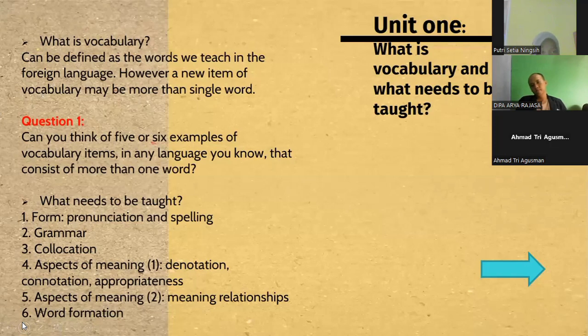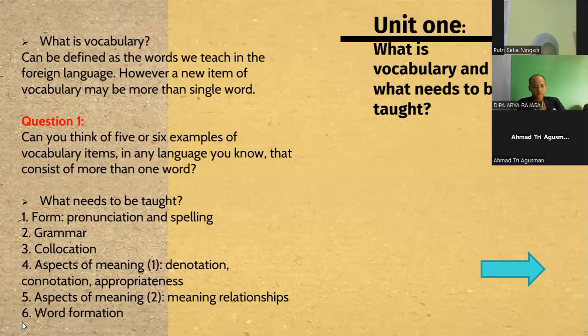So the first is we have to know what vocabulary is. Vocabulary can be defined roughly as the words we teach in the foreign language. However, a new item of vocabulary may be more than a single word, for example post office and so on, which are made up of 2 or 3 words but express a single idea.